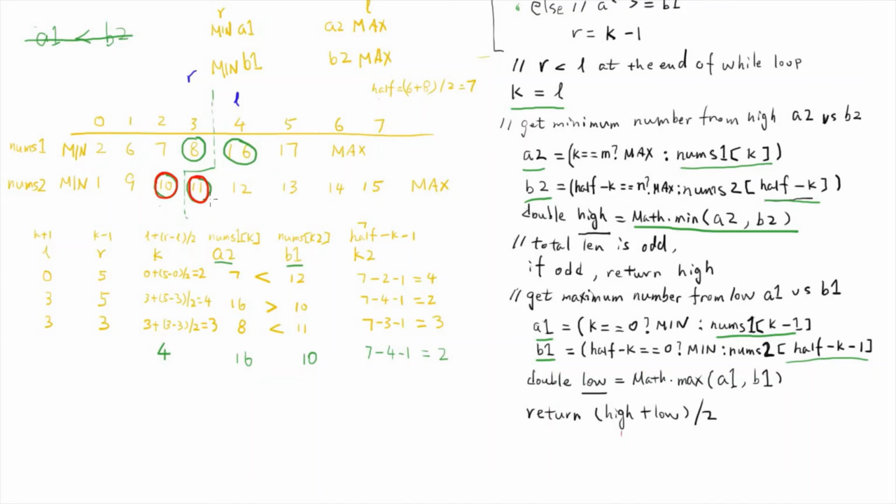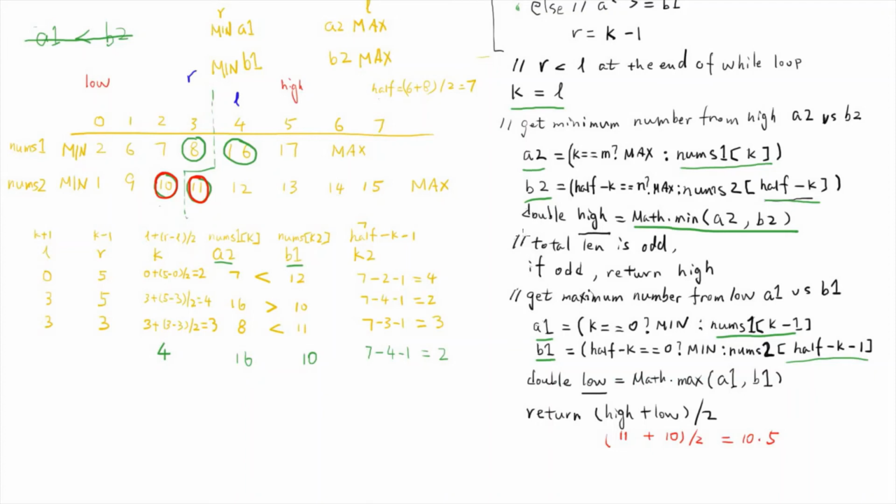The high is the number from the high side, and the low is the number on the low side. So high is 11 and low is 10. We take the average between these two numbers and we get 10.5. So here are all the steps we need to solve this problem.